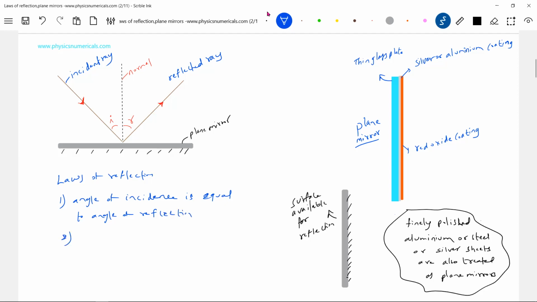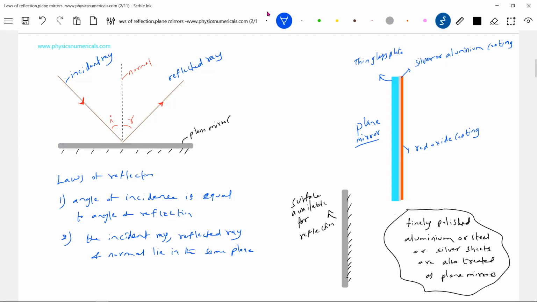Second law, the incident ray, reflected ray and normal lie in the same plane. Okay, these are the two basic laws of reflection.